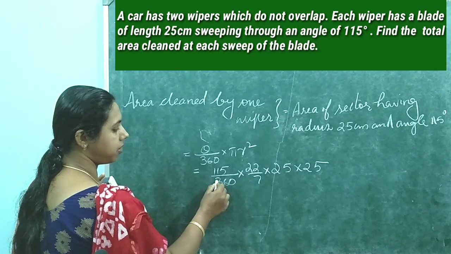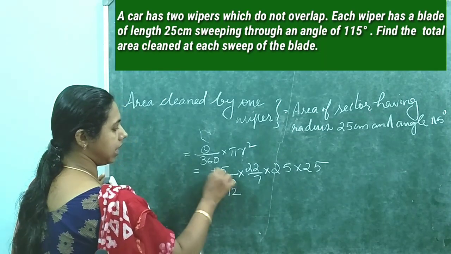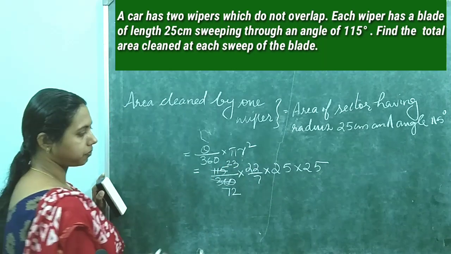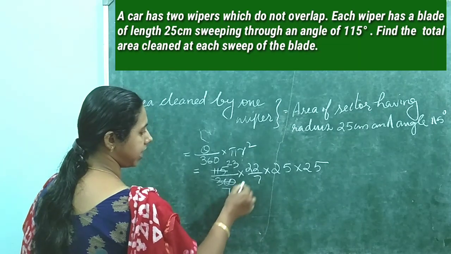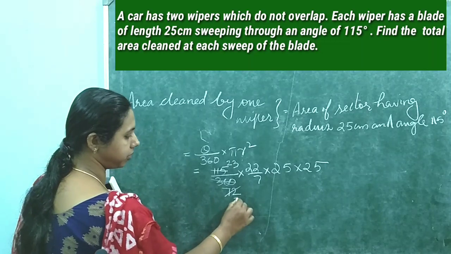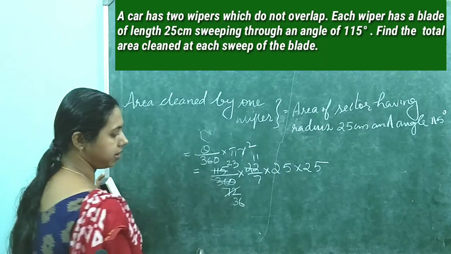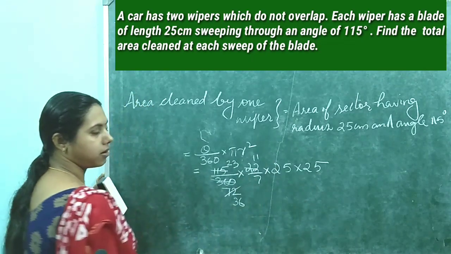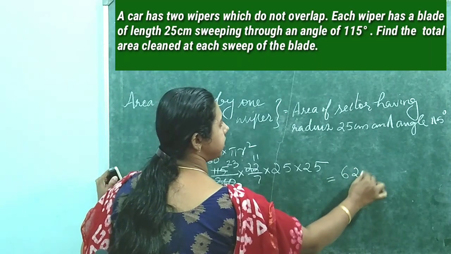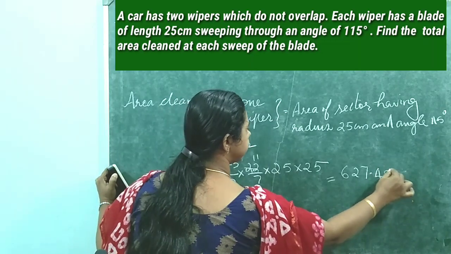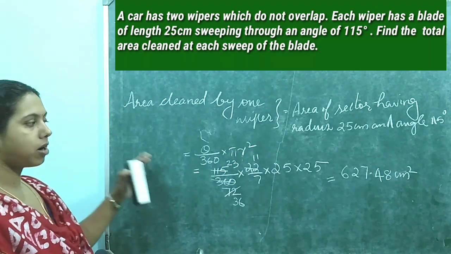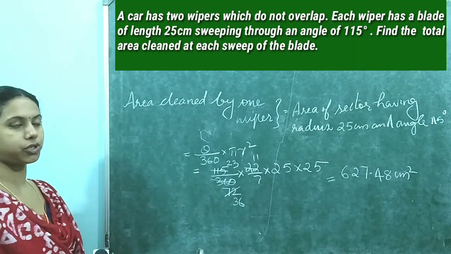Here 5 is the common factor, 72, and here 23, and again 72 and 22, there will be a common factor, 36 and 11. So when you solve this, you will get 627.48 centimeters square. Area cleaned by one wiper is equal to this much.